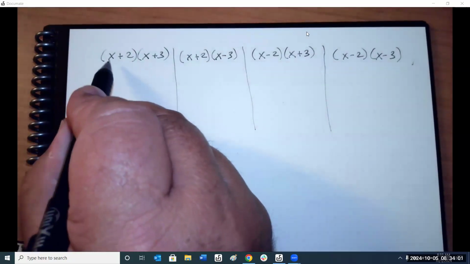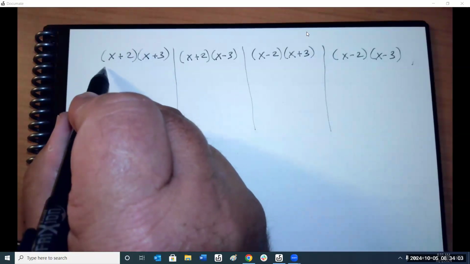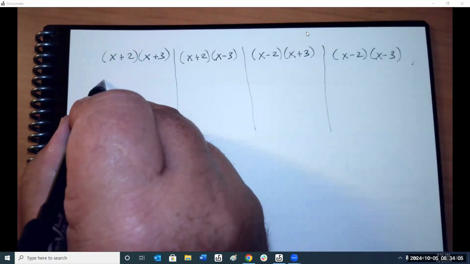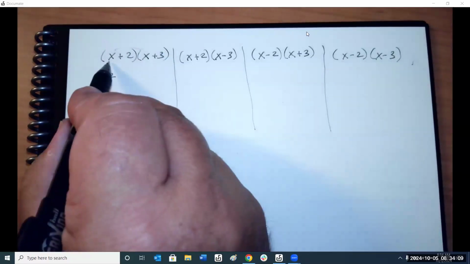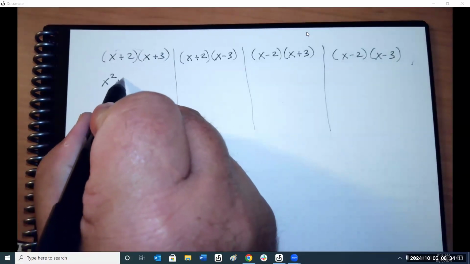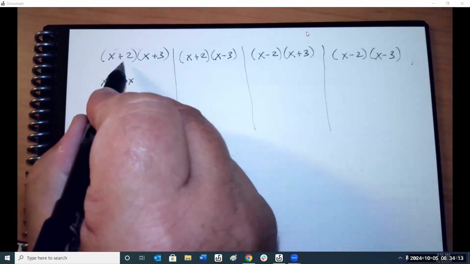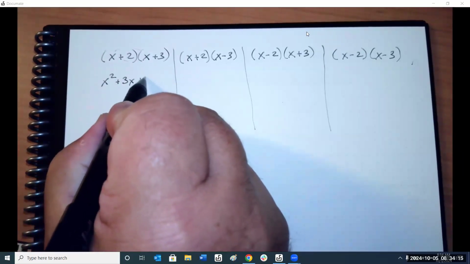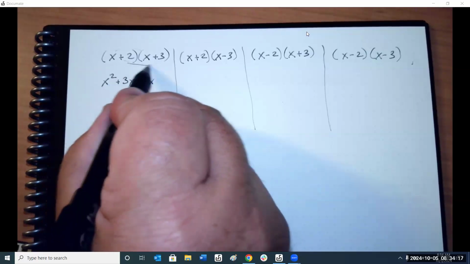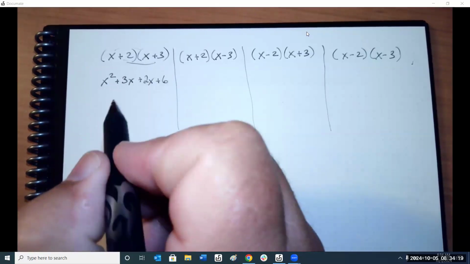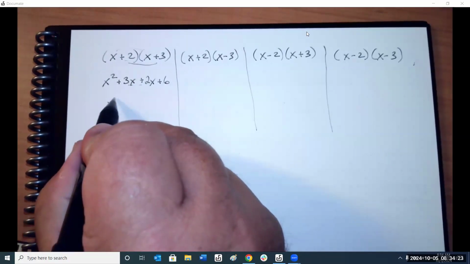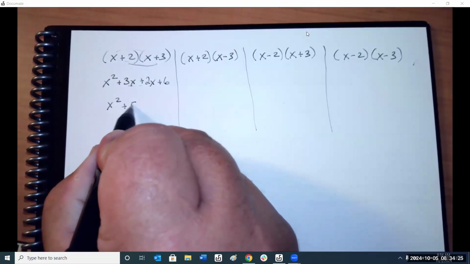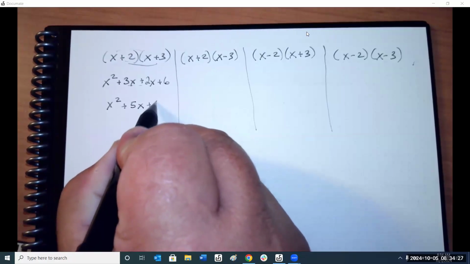If we multiply these together, x times x is x squared. Then x times positive 3 is positive 3x, positive 2x, and positive 6. Combine like terms, we get x squared plus 5x plus 6.